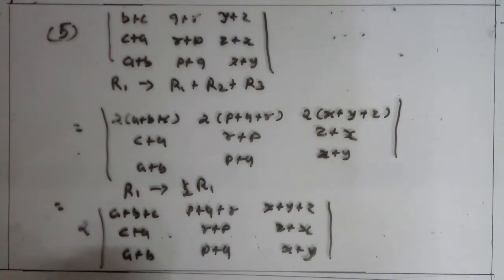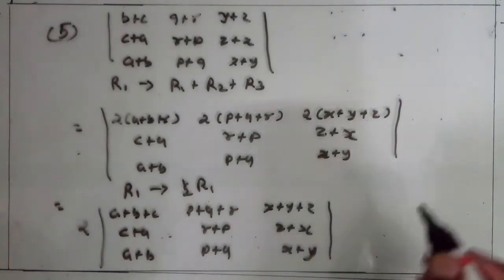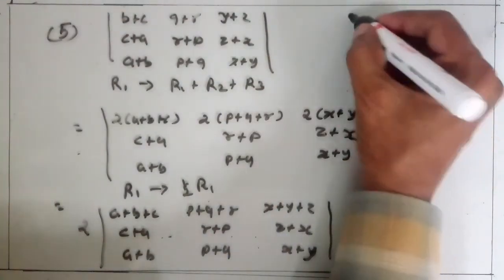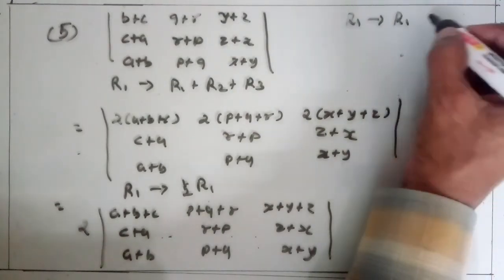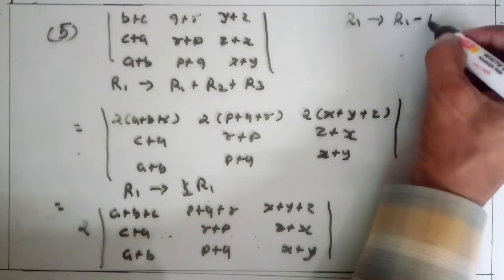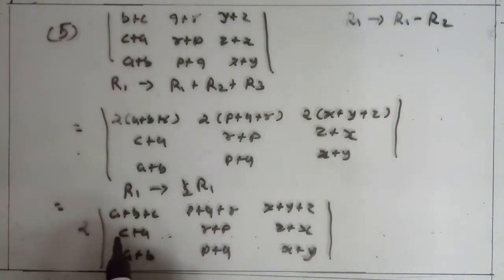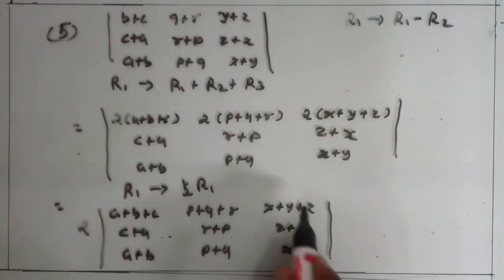Now here we want to get single entries in each row or each column. So think how to get single entries, single terms. If we multiply each entry of the second row by -1 and add it in the first, that is apply R1 to R1 minus R2, multiplying by minus sign or -1 each entry of the second row and adding in the first.